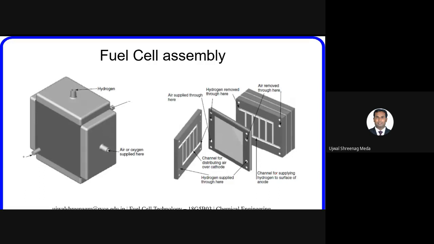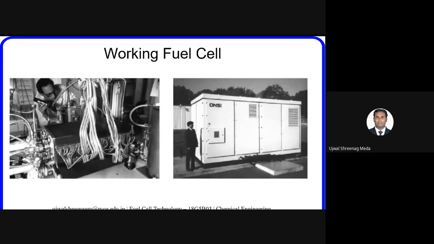Okay, and this is another variant of the fuel cell assembly design, where you see a different pattern of corrugations which facilitate the flow of gases. On the left, you can see a stack of multiple fuel cells, which is a polymer electrolyte membrane fuel cell in a laboratory.